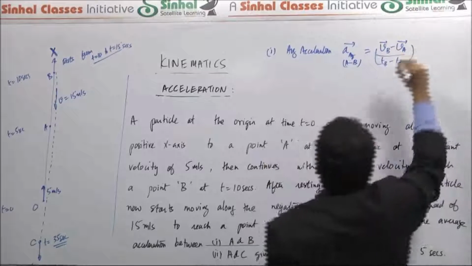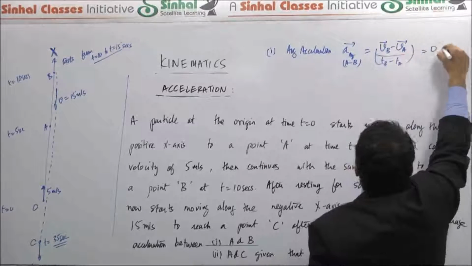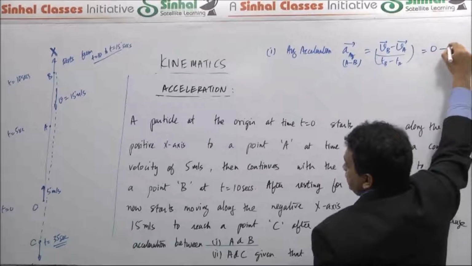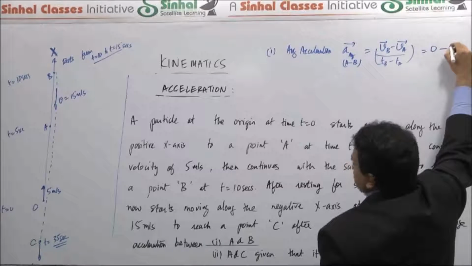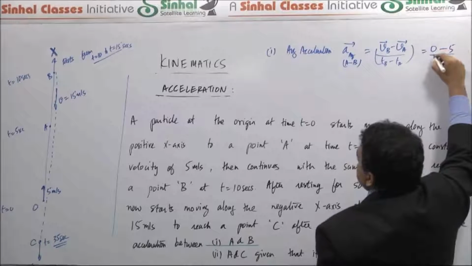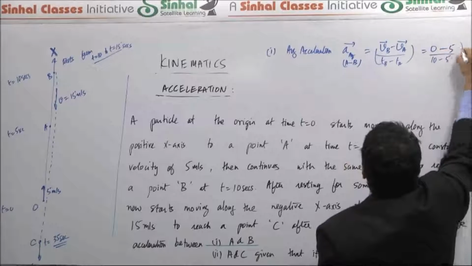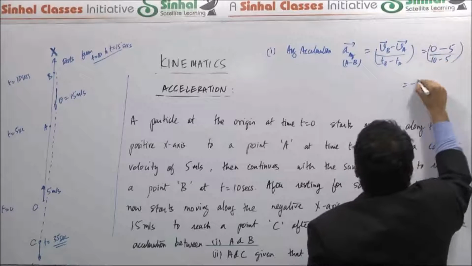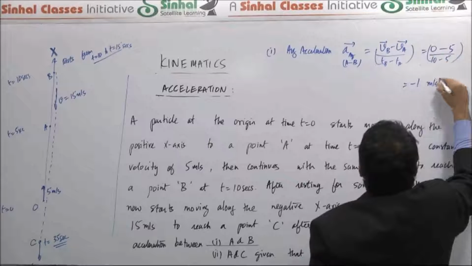You can see that once it comes to B, it's at rest, whereas initially at A it had a velocity of 5 meters per second, and the interval of time between A and B is 5 seconds. Right? So 0 minus 5.